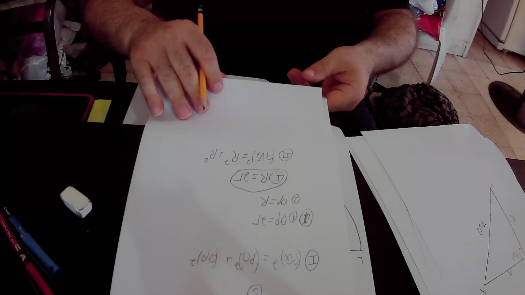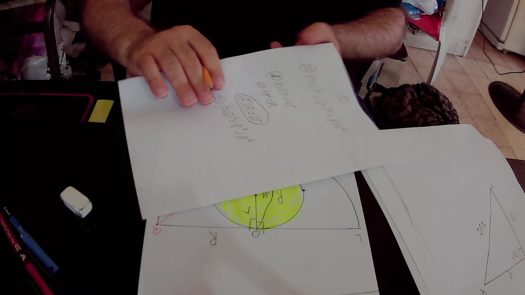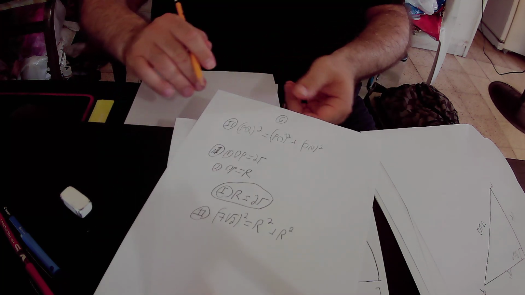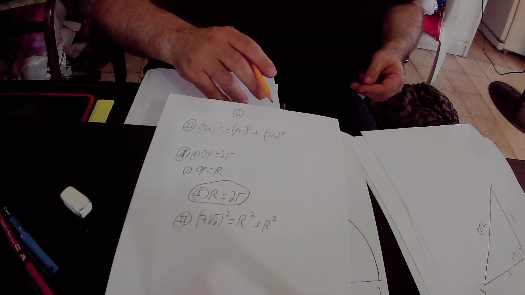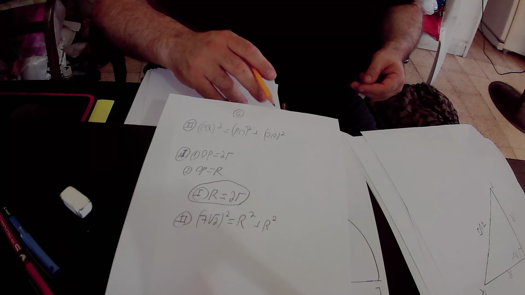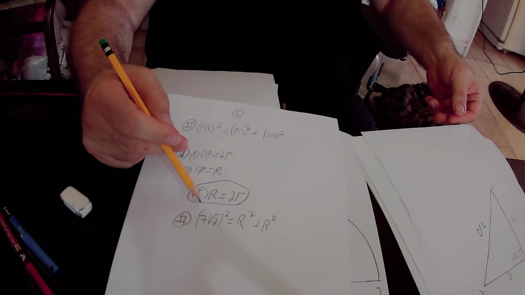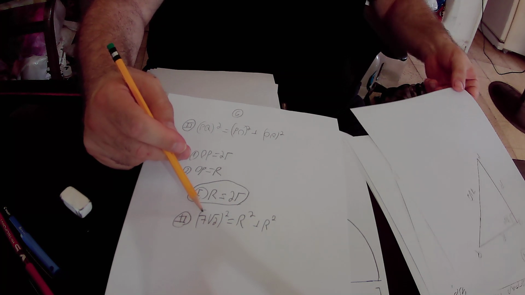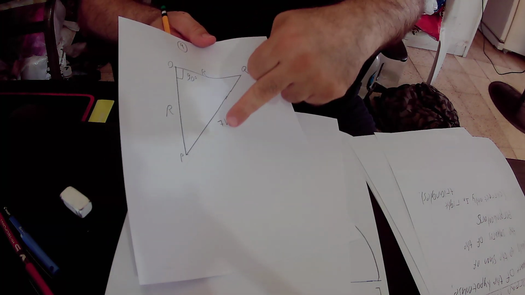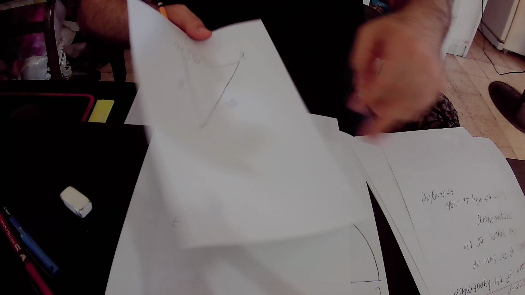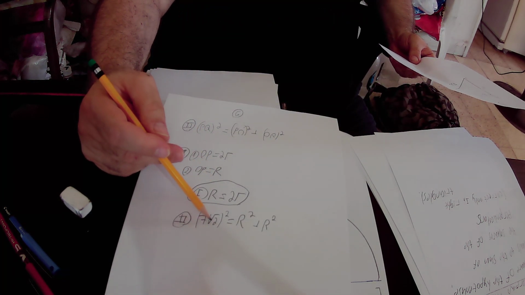So I will repeat again. In the second equation, PQ square equals PO square plus OQ square. I substituted PQ by 7 times root 2 because PQ equals 7 times root 2, and here we have a square, so we squared also 7 times root 2.